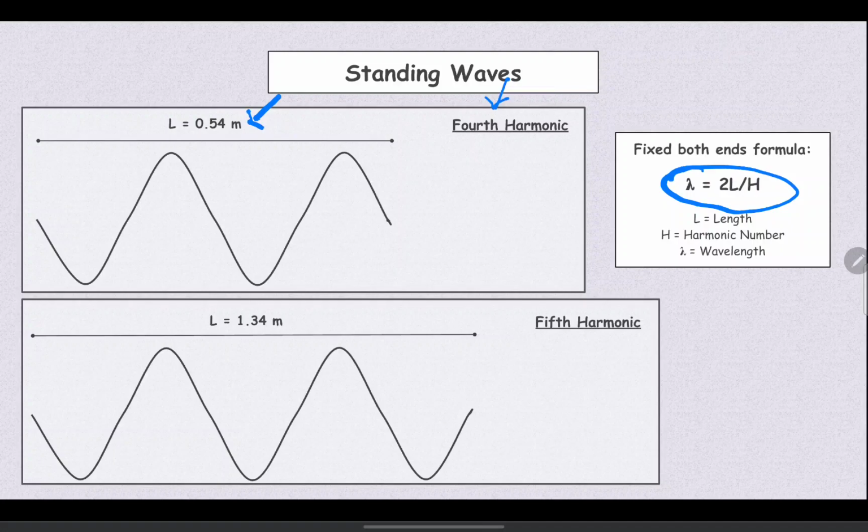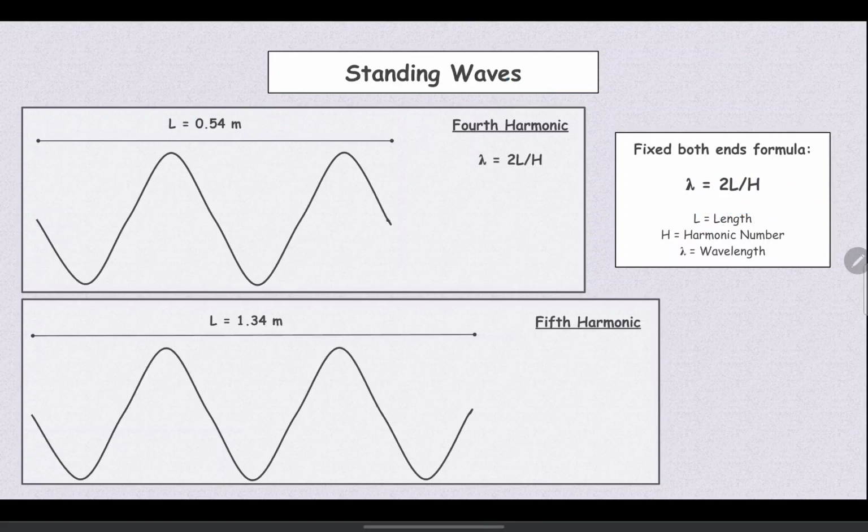So this will be a formula that you will have to remember for the exam, but I would wait till subsequent videos, as the formula differs slightly depending on fixed ends and stuff like that. But once we know the fourth harmonic and the length, it's just plugging in numbers.